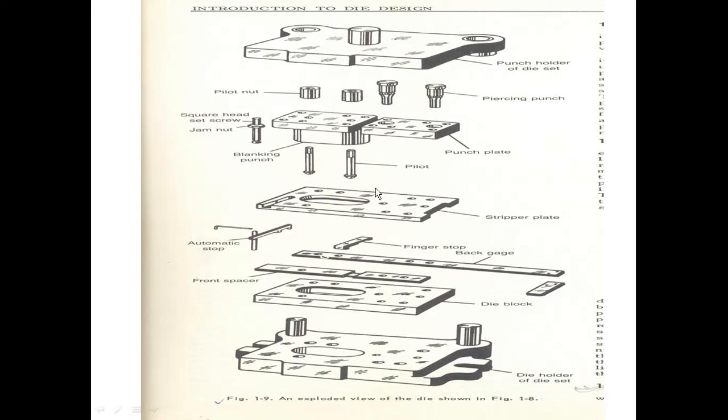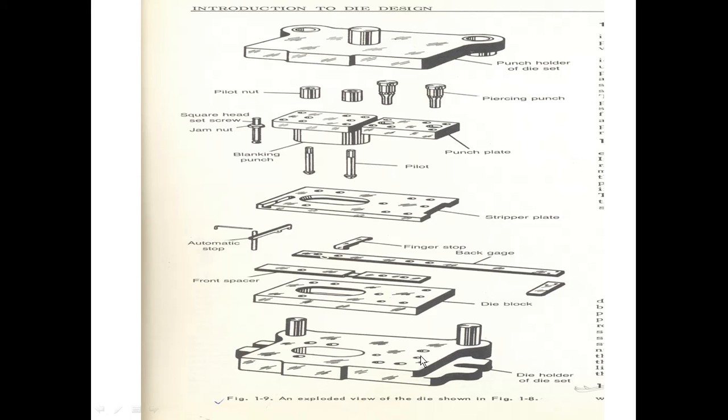Then there is a die block. These two parts, punch and die, will directly take part in the formation or cutting of the object or the sheet metal.